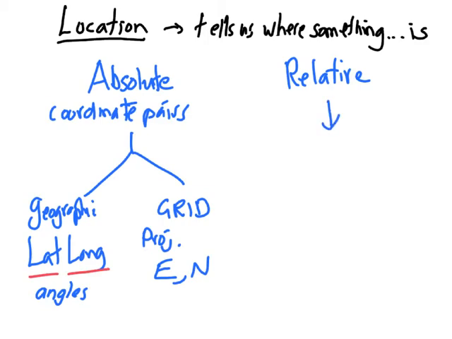Relative location is a bit simpler. We simply have some kind of distance and direction with respect to another point.